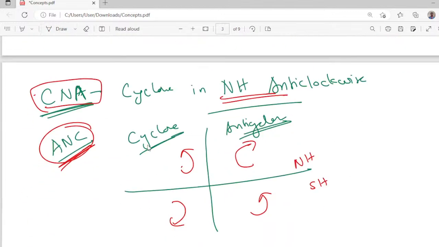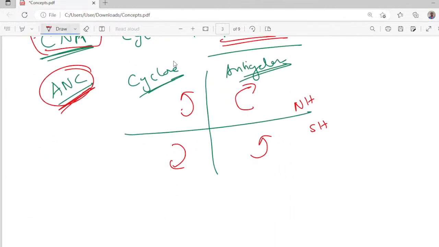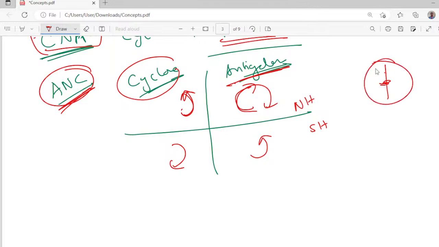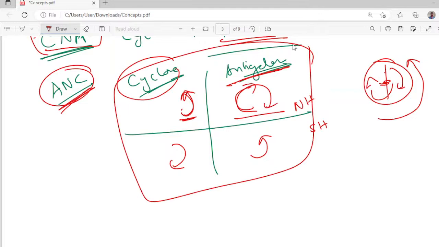From there you can get everything together. If cyclone is anti-clockwise, anticyclone will be clockwise. Clockwise is like a clock, and anti-clockwise is the opposite direction. So cyclone in the northern hemisphere is anti-clockwise and anticyclone in the northern hemisphere will be clockwise. So you will get this chart, and you can solve one question easily.